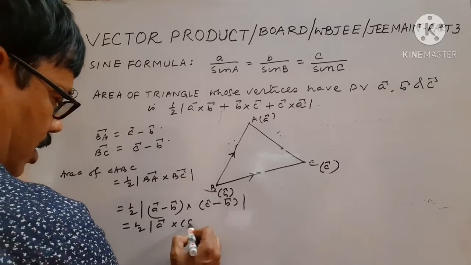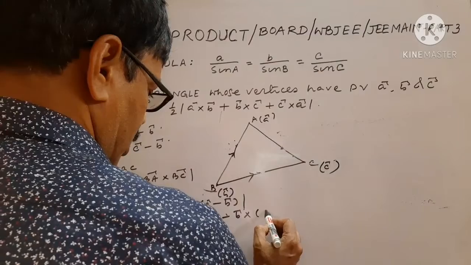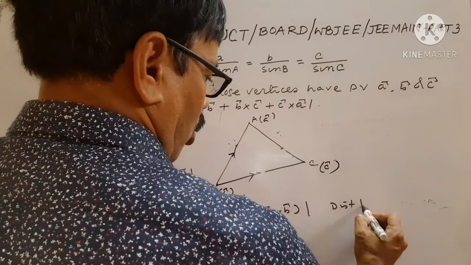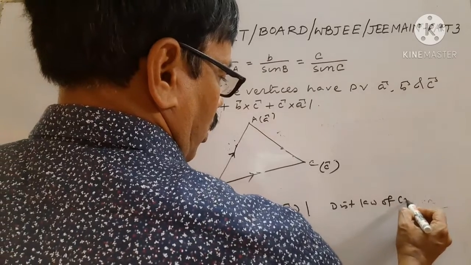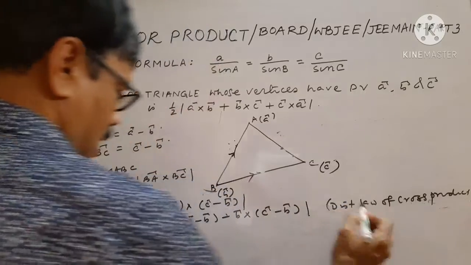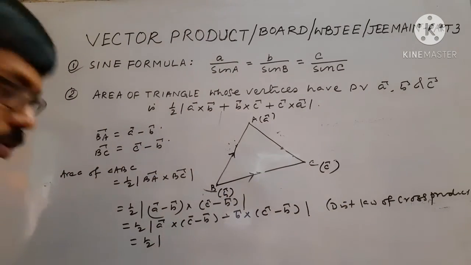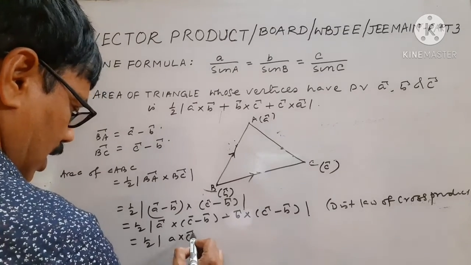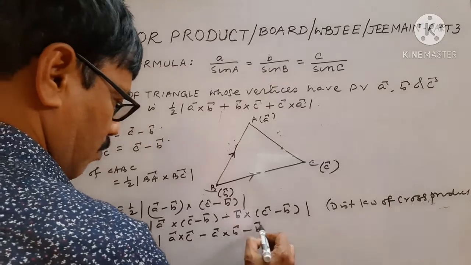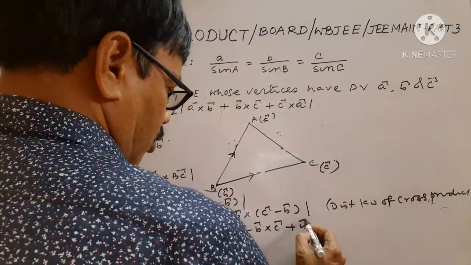So A cross (C minus B) minus B cross (C minus B). So the distributive law of cross product. Now again using the distributive law, half of A cross C minus A cross B minus B cross C plus B cross B.